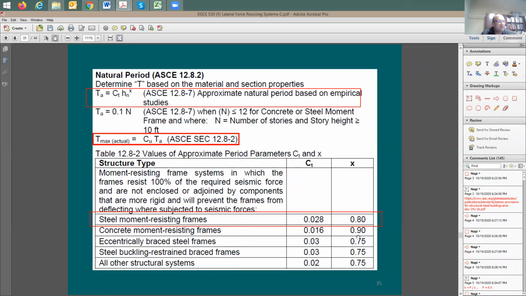For your X component, you can go ahead and use 0.8. For C sub T, I'm just going to be using 0.028. I understand that this is a dual system, but a dual system cannot really be taken under this all other structure systems category. It doesn't make any sense, and I guess I explained the reason for this.